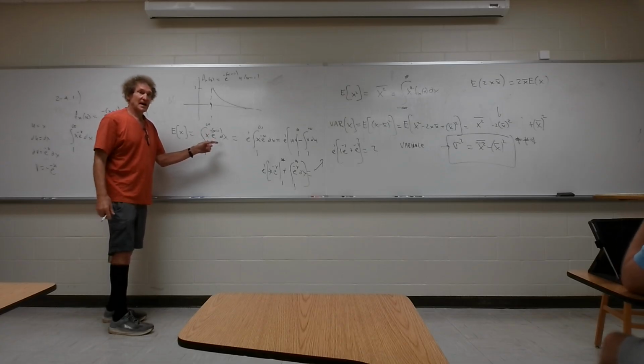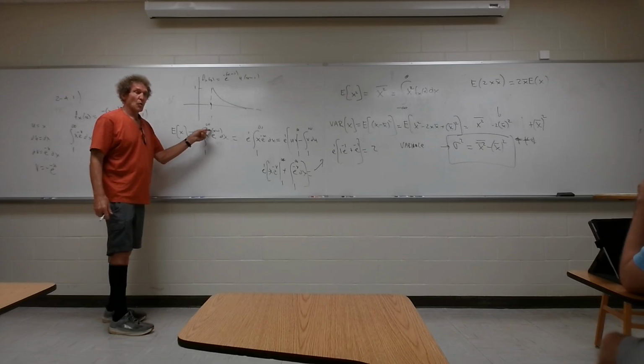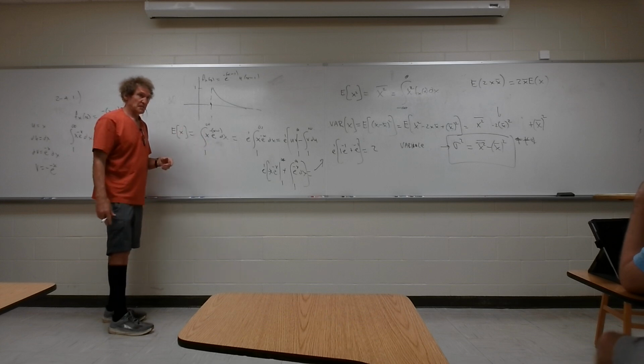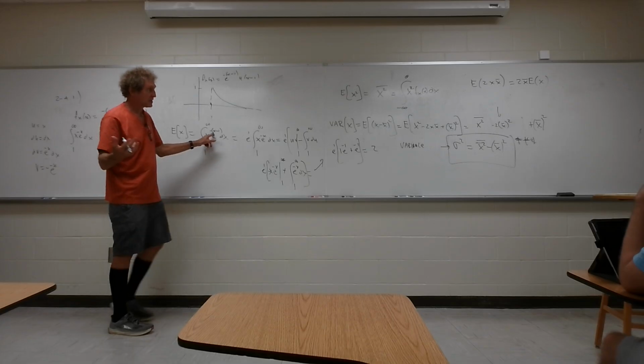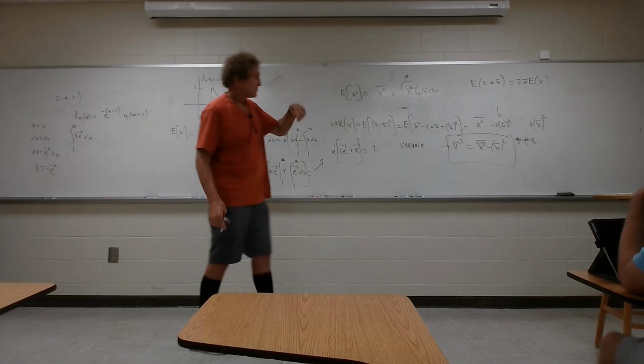The expected value is going to end up being simply 1 over that coefficient. It's usually e to the minus ax, so it'll be 1 over a. For this one it would be 1 over 1.